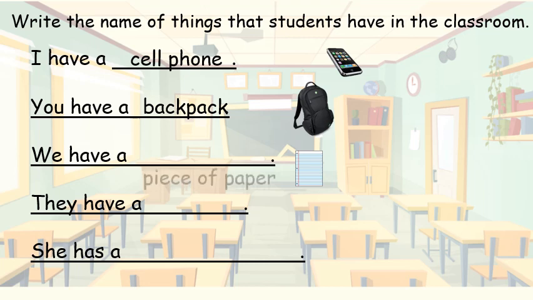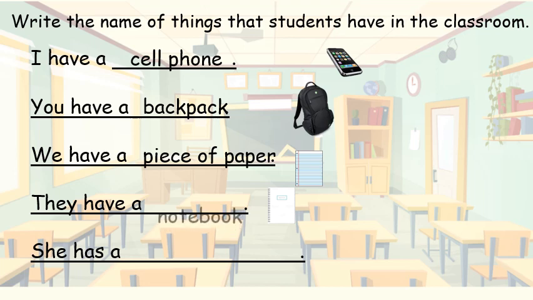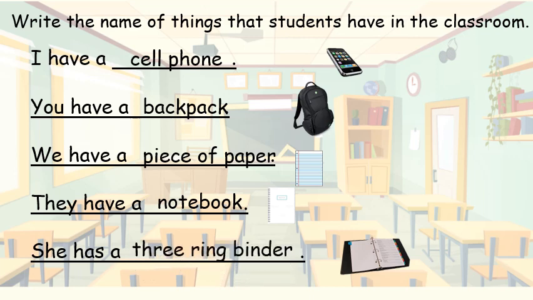We have a piece of paper. What do they have? They have a notebook. What does she have? She has a 3-ring binder.